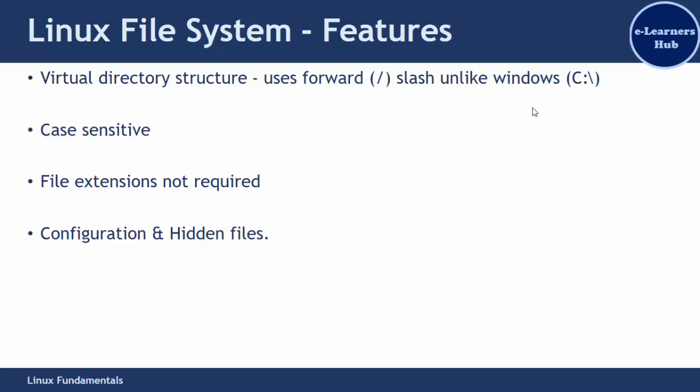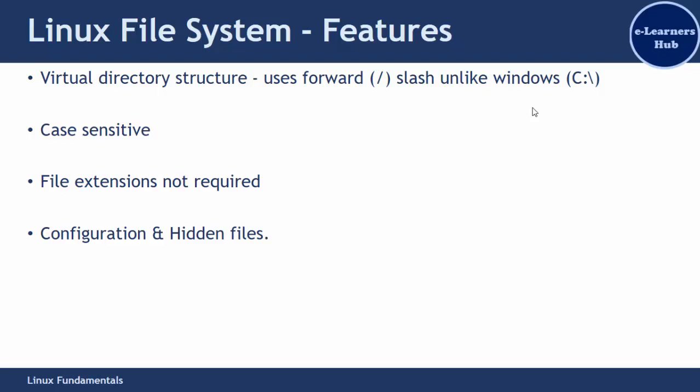So while assigning file names and directory names, one has to be careful what names they assign, as Linux is case sensitive. Linux doesn't require file extensions. Even if you don't assign any file extension, Linux is still capable of managing those files. But just for user reference, extensions can be specified for any file.